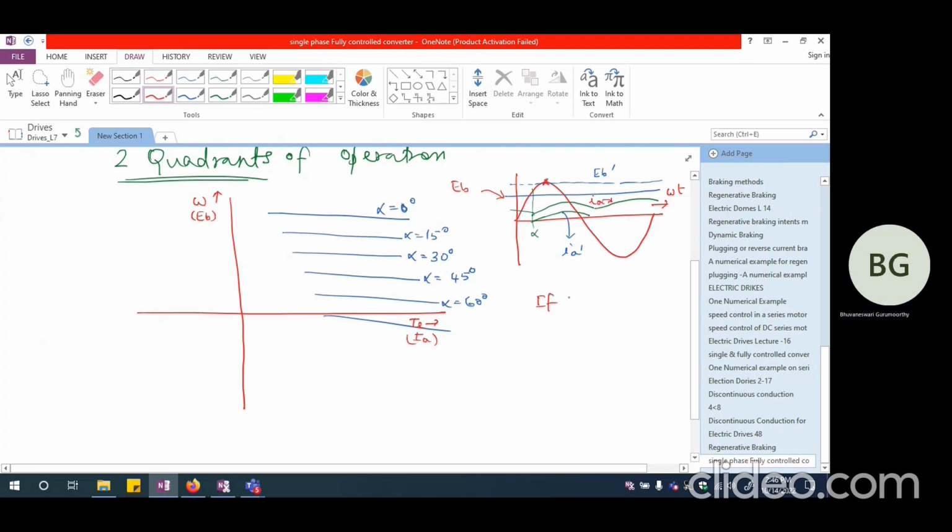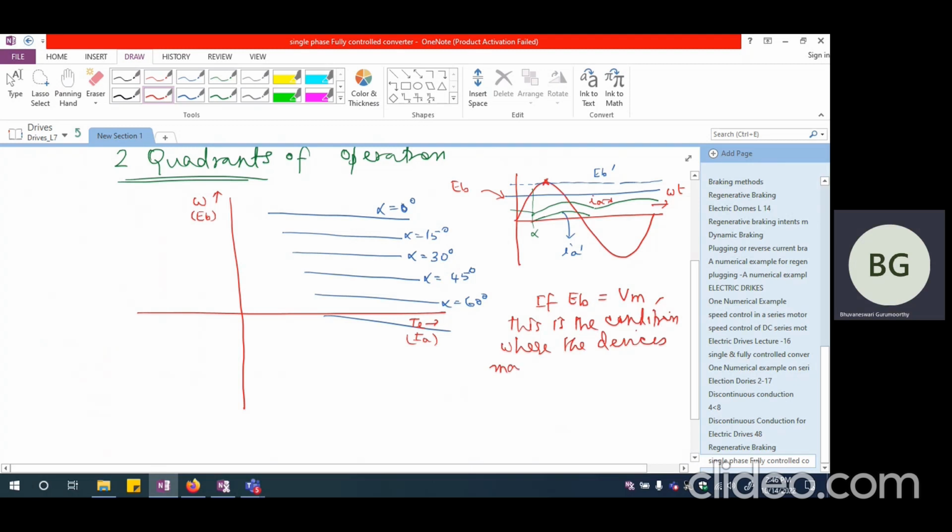So if EB is equal to VM, this is the condition where the devices may not turn on at all, because I'm not going to have them forward biased anytime.